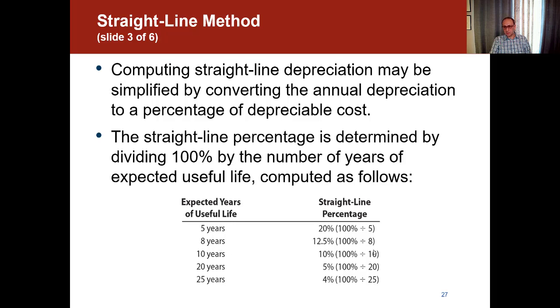If we have 8 years, then 100% divided by 8, and that's 12.5%. 10 years, that's 100% divided by 10, and that's 10%. 20 years, 100% divided by 20 years, and that's 5%. 25 years, which is the longest here, 100% divided by 25 years, and it's 4% per year. As you can see, it's an easy conversion. The only thing, remember, once you have this percentage, you take it and multiply it by the depreciable cost.